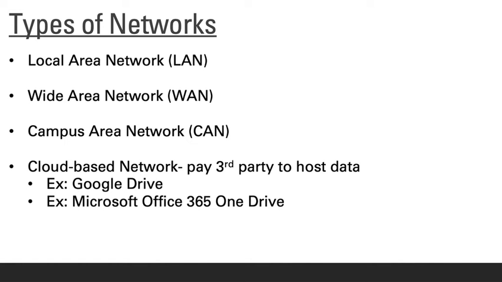So you could also think of a wide area network as connecting different buildings or different school buildings in a district to the district office. A campus area network, also known as CAN, connects multiple LANs together that are close geographically. This may be used at big companies, big corporations that have many branches across a region.